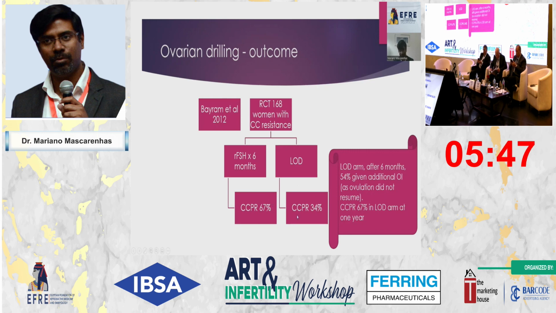However, after the 6 months, 54% of people require additional ovulation induction because ovulation did not resume. And the clinical pregnancy rate was actually 67% in the ovarian drilling arm as well, if we waited another 6 months. So the long-term success rate is probably not that different whether you go for ovarian drilling or FSH for women with clomiphene resistance.